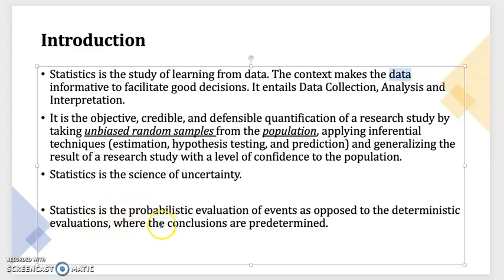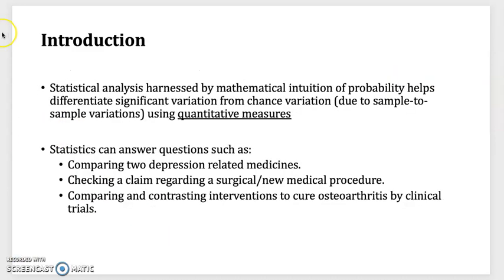But sometimes right after we evaluate the data, hopefully we put it into a model, and then we can do the prediction. But statistics basically is not doing the modeling yet. So statistical analysis, by the mathematical intuition of probability, helps differentiate significant variance from chance variation.